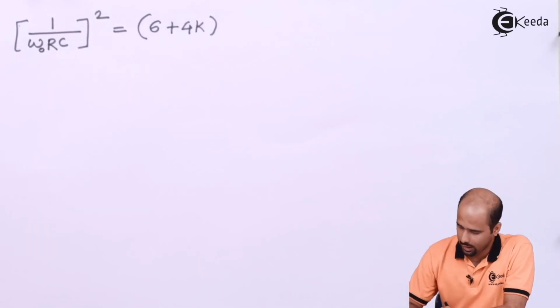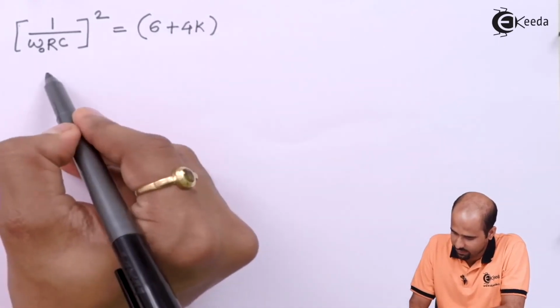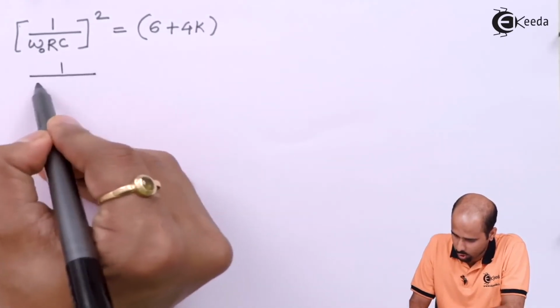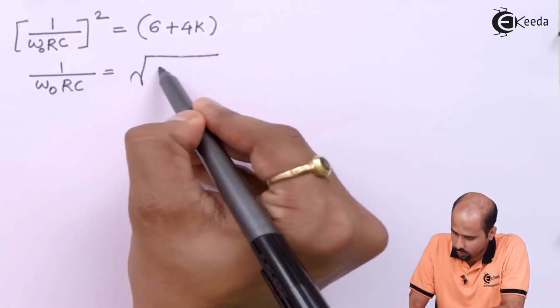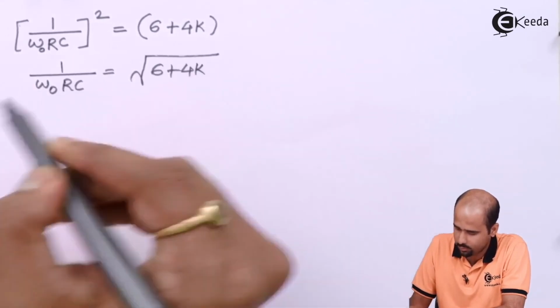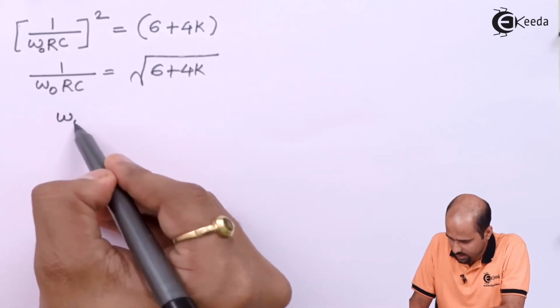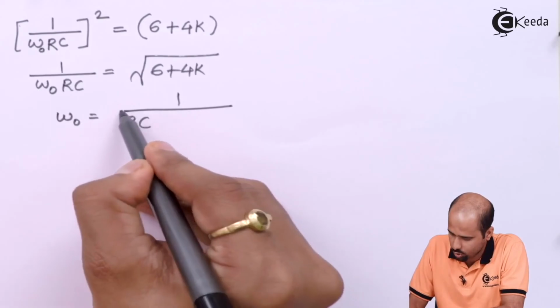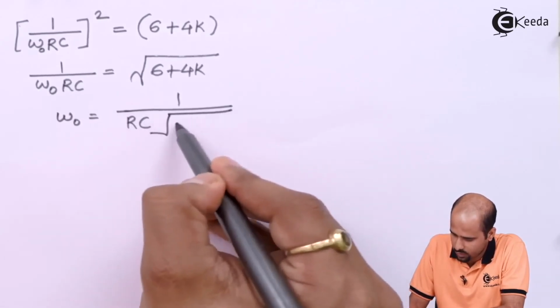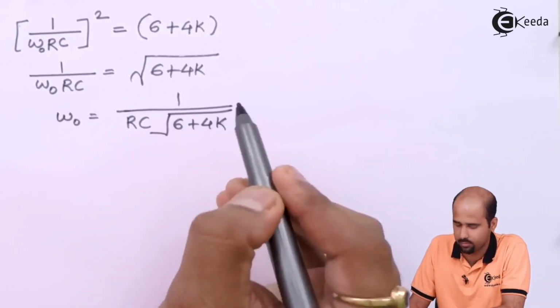Here I can say that 1 upon omega 0 RC is equal to under root of 6 plus 4K, and omega 0 is equal to 1 upon RC into under root of 6 plus 4K.